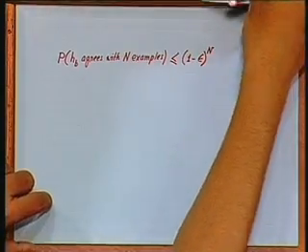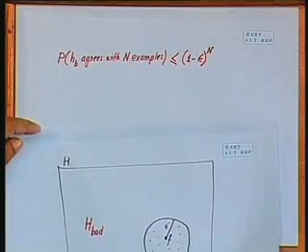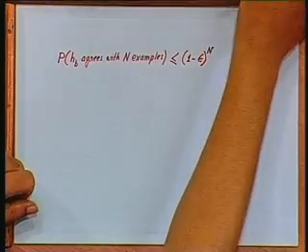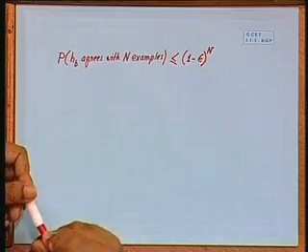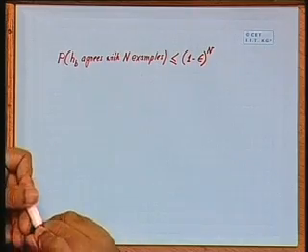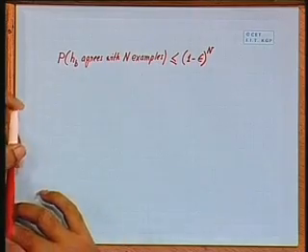Probability that it agrees with one example is 1 minus epsilon, right, and it agrees with all n examples is 1 minus epsilon to the power of n. Is it? Do we have it? Okay.